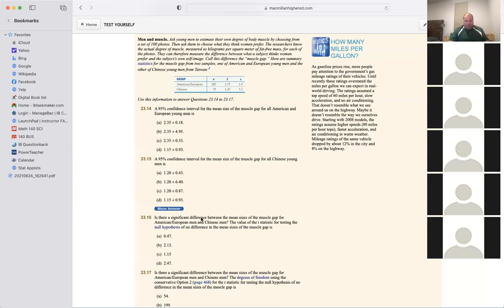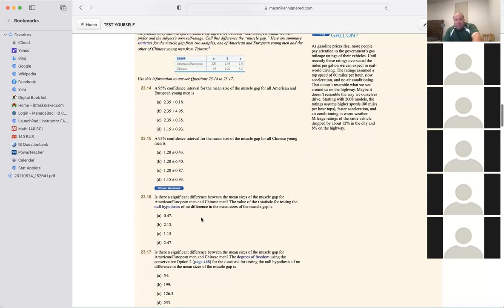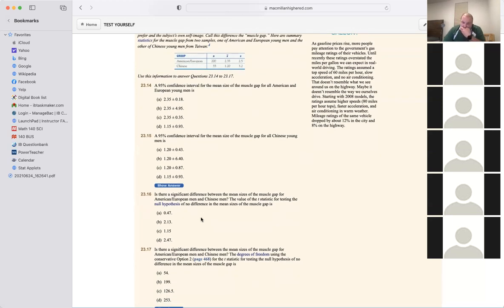Well, what do you have as your T statistic? On your calculator, 2.466. Oh, so would it be D? Yes. So is there a significant difference? Yes. Wait.